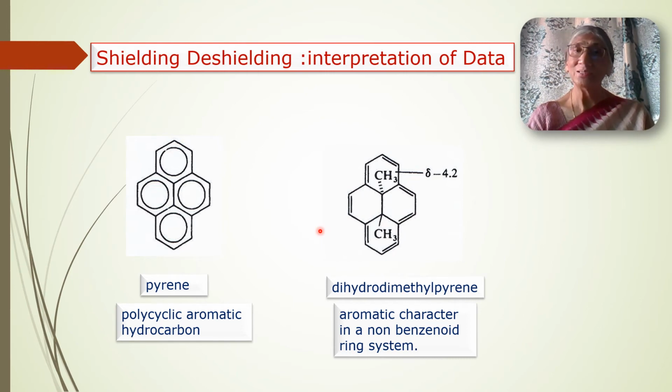So similarly here, a ring current is generated. At the periphery it is paramagnetic and in the center it is diamagnetic. Since the methyl group falls in the diamagnetic area, these methyl protons are highly shielded protons, and therefore the signal is seen at delta minus 4.2. So it is an example of a non-benzenoid ring system.